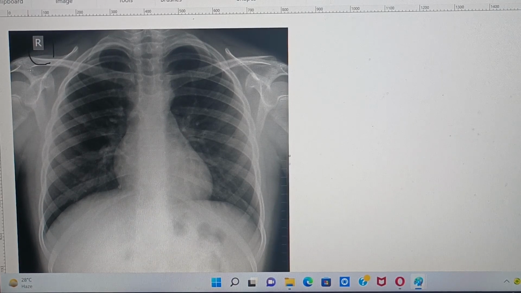Plus, you must see a few important points: the apex of the heart is on the left side unless there is dextrocardia. Usually you will see the gastric bubble on the left side, and the diaphragm is usually higher on the right side than the left side.